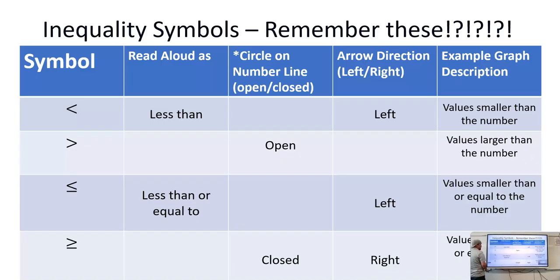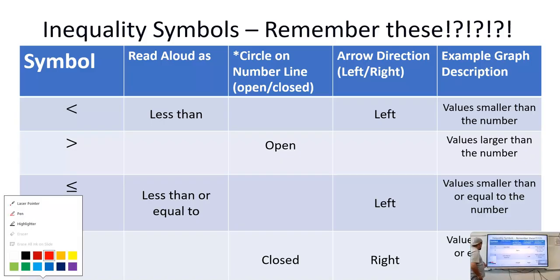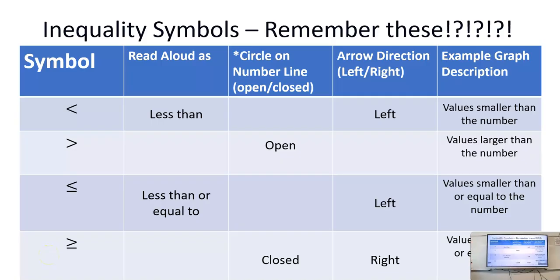Okay, so if you can remember these clear back from a previous module, we talked about inequality symbols. So remember, if it's less than, the circle on the number line is going to be open. It's going to the left.